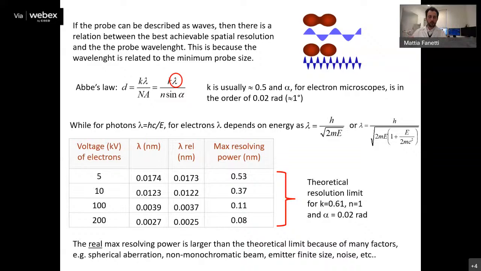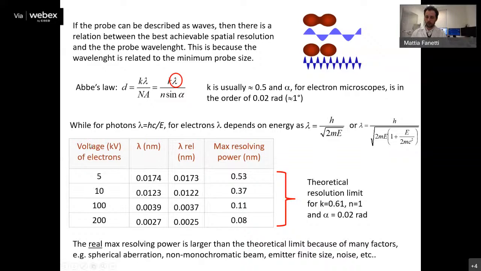The corresponding wavelength, whether we use the classical or the relativistic relationship, does not change much at this low energy. You can see in this column the wavelength of the electrons, for example, at 5 kilovolt or at 10 kilovolt, and you see that this is much less than 1 nanometer.